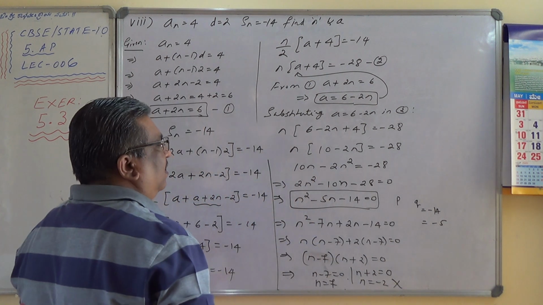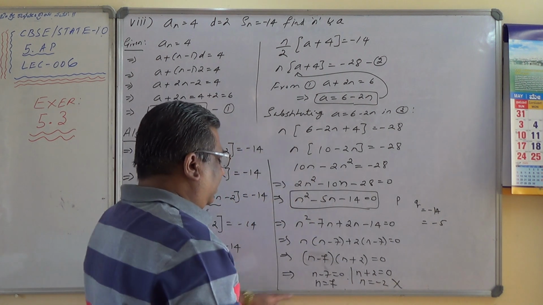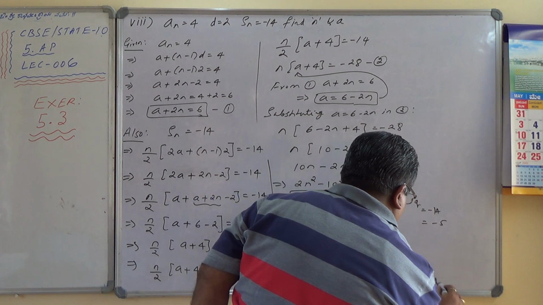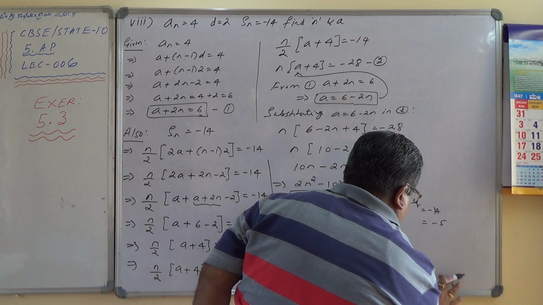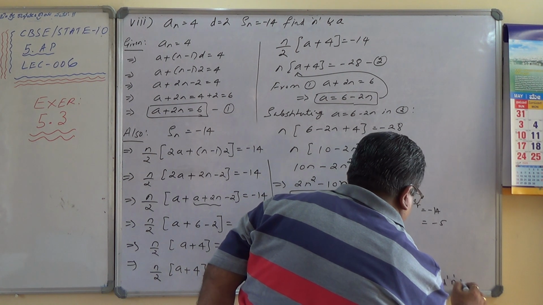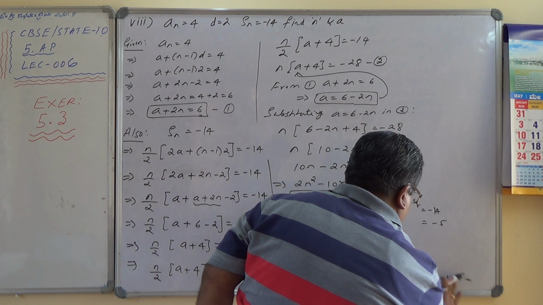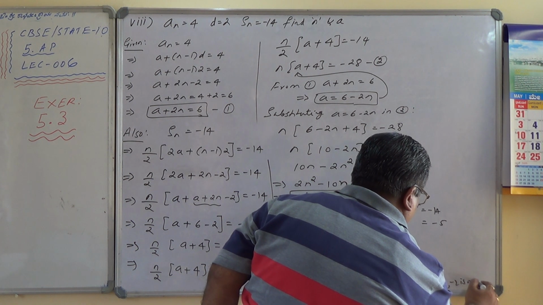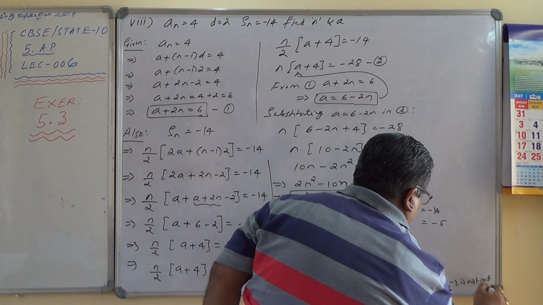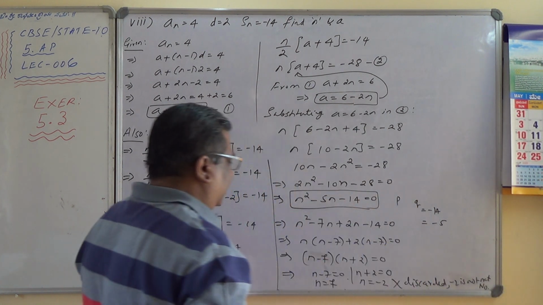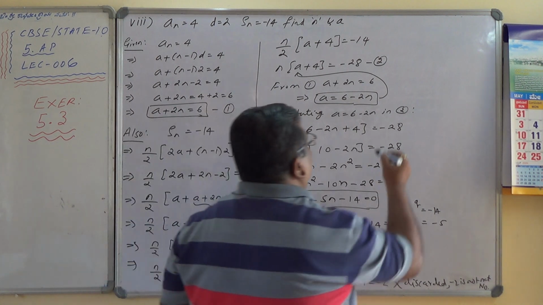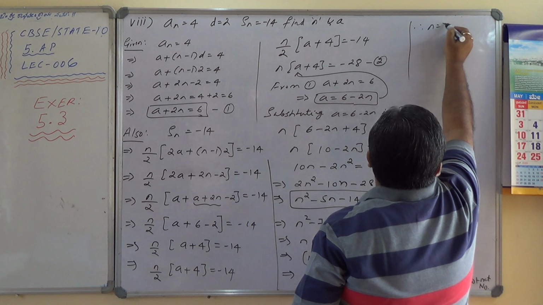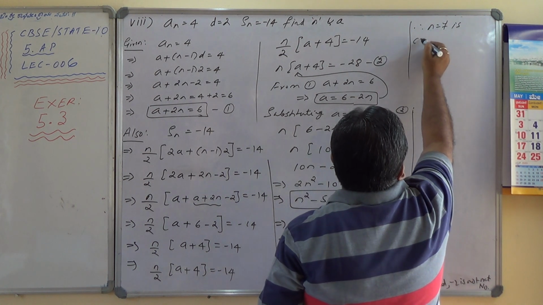Minus 2 is discarded because n is a natural number, and minus 2 is not a natural number. Therefore n equals 7 is considered.